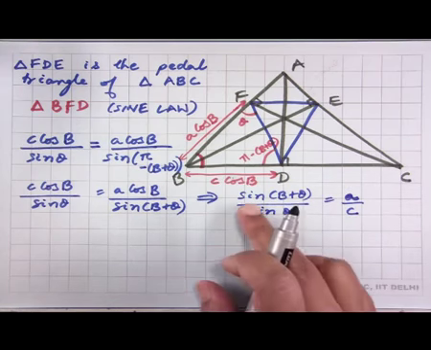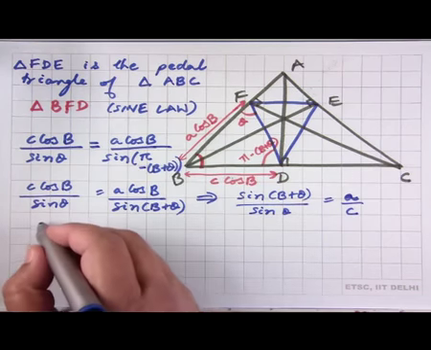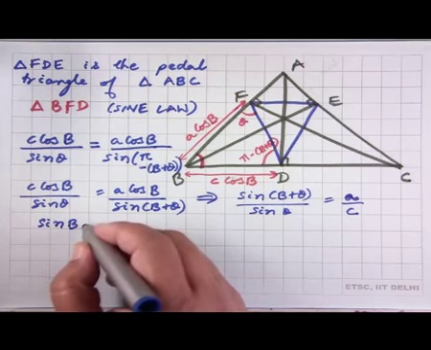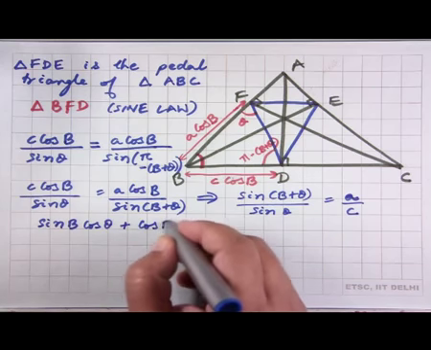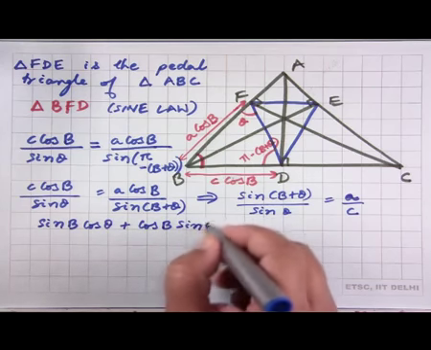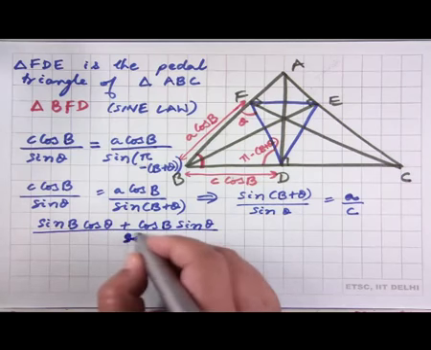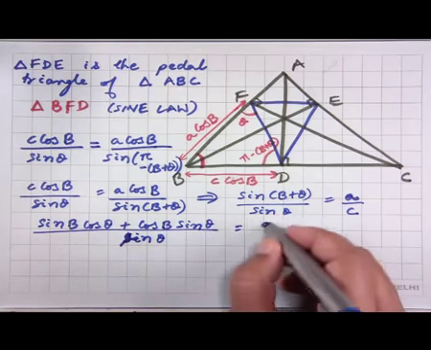And we then open up this sine B plus theta using the sine A plus B type formula, and what we get is that sine B cos theta plus cos B sine theta, divided by sine theta, is equal to a by c.